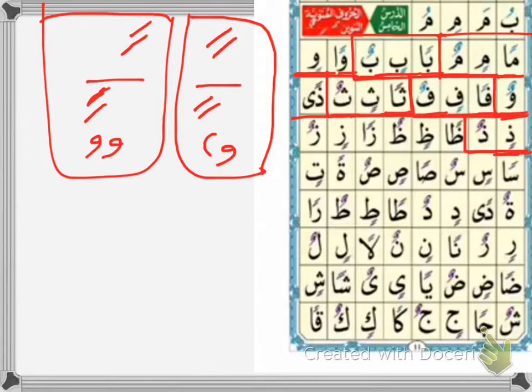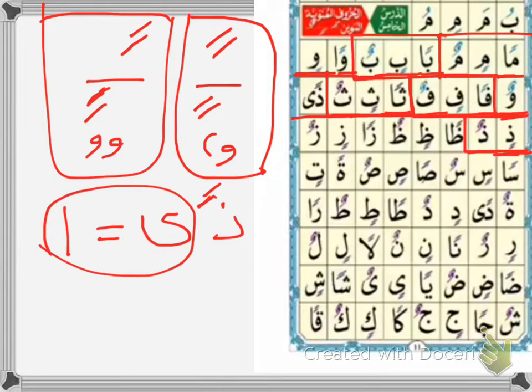Over here we have the ذال with the فتحتين, and we have ألف مقصورة. This is just like this one. These both are ألف. Sometimes we see the ذال like this, or when we see it like this, it's the same thing. It's then.